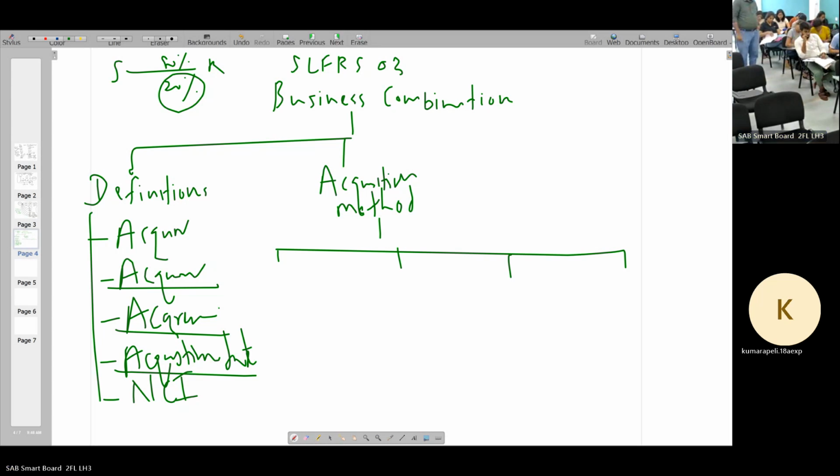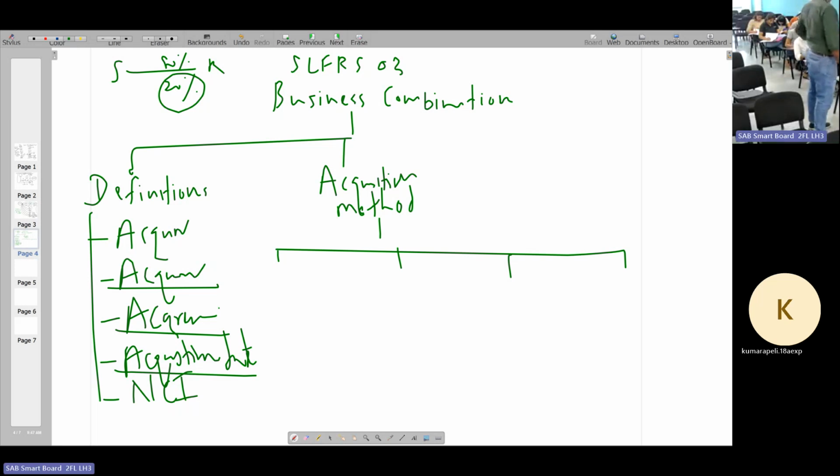Third step: recognize assets and liabilities, as well as non-controlling interest (NCI) of the acquiree, at the acquisition date.